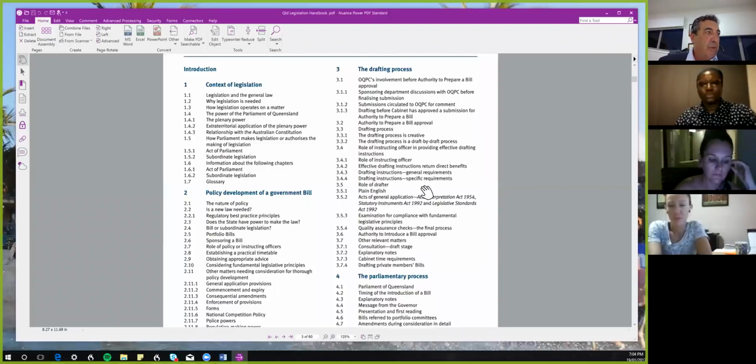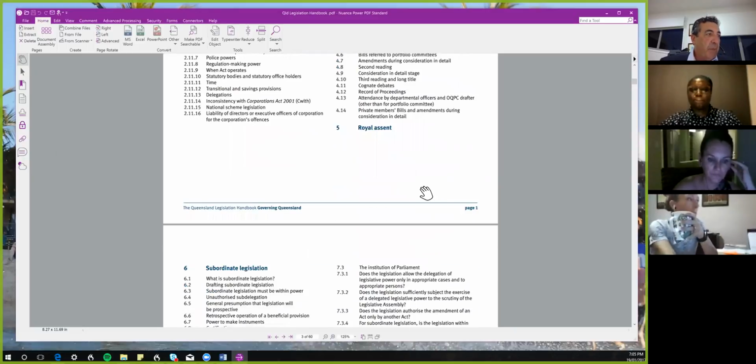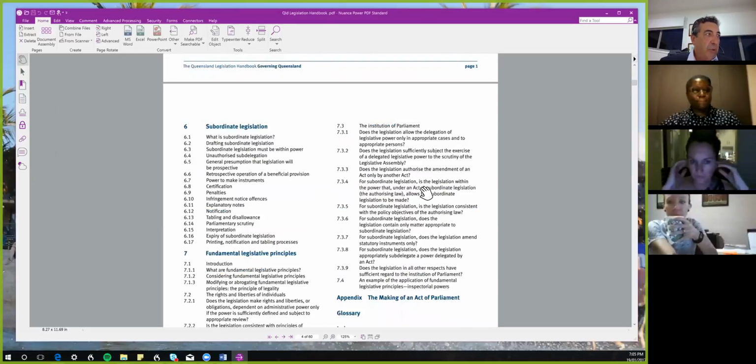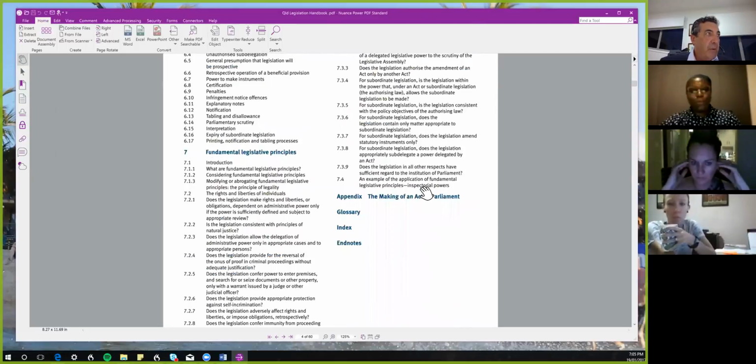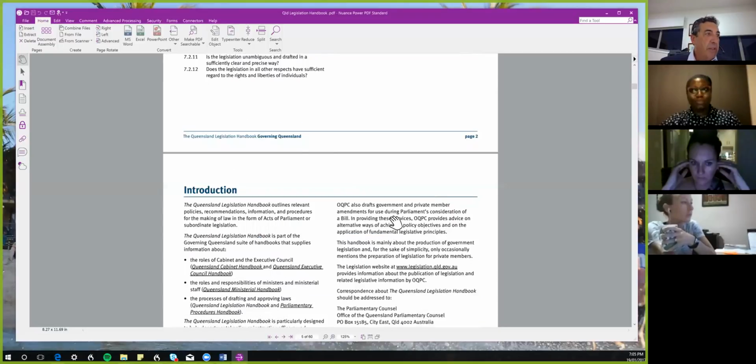You'll also see reference to legislation, and reference to other bodies that have relevance in terms of statutory interpretation. So the Office of the Queensland Parliamentary Counsel, for example. Subordinate legislation we've talked about, and there is at the end an appendix dealing with the making of legislation.